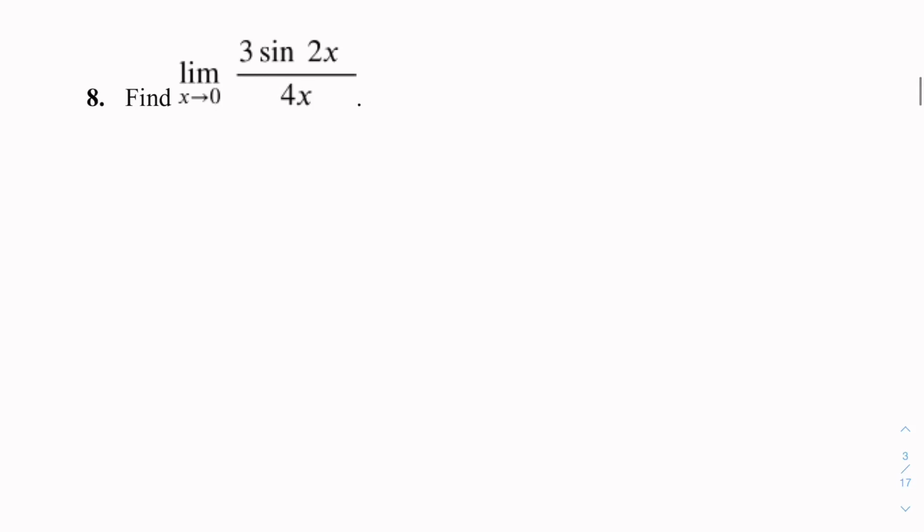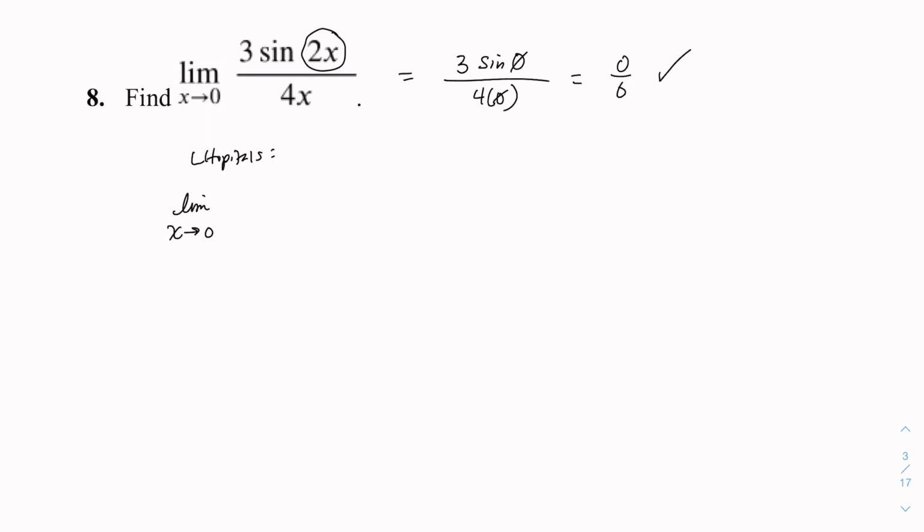See if you can do this one on your own. 0 over 0, L'Hopital's kicks in. So rewriting our limit, let's take the derivative of the numerator, keeping in mind we have a chain rule to apply. So the derivative of 3 sine of something is 3 cosine of that something times the derivative of the inside guy times 2, all over 4. Let's make this a little prettier.